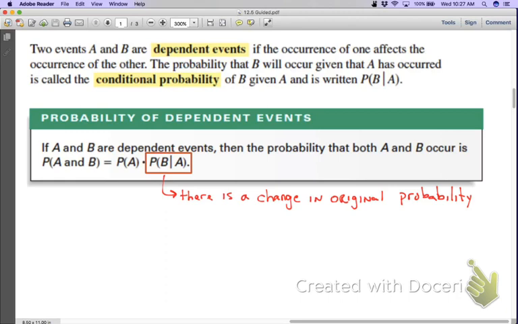So like if I have 52 cards and I draw one card, but I don't put it back in the deck, how many cards is the other person holding now? 51. Okay? So if I'm looking for one specific card, originally, if there were 52 cards and I pull one out, I've got a 1 out of 52 chance of finding the 7 of hearts.